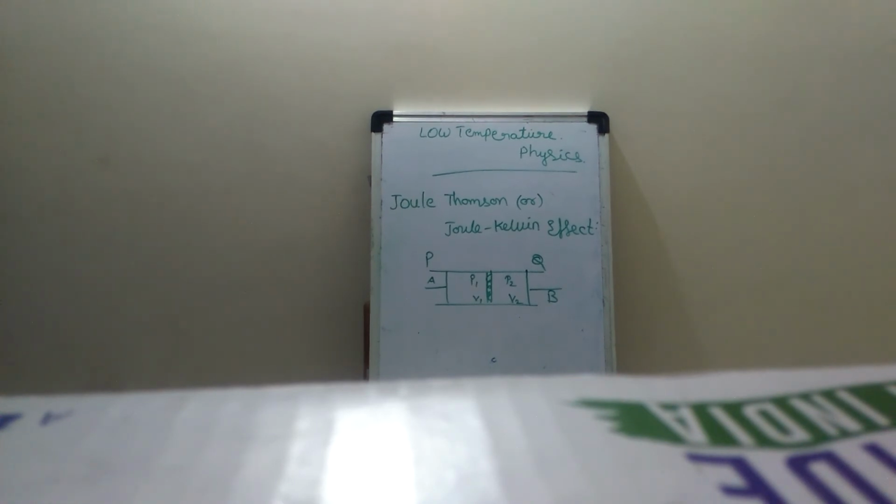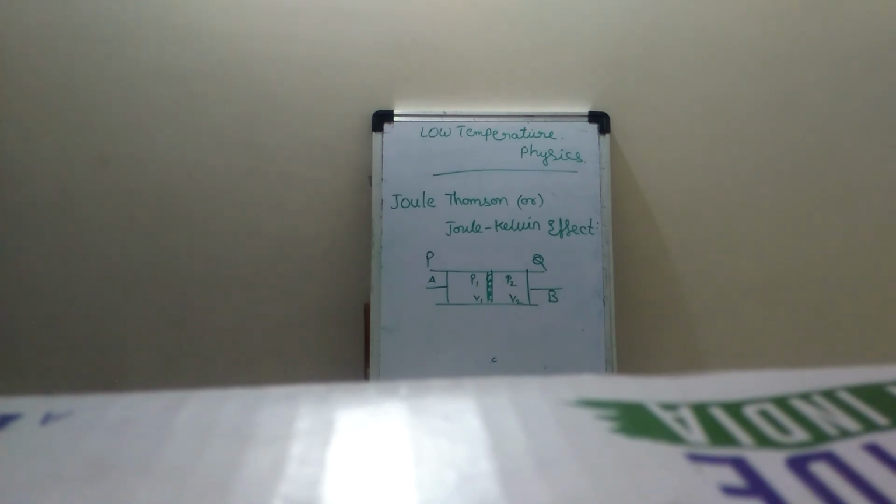Therefore, the work done on the gas by piston A is P1 V1, and the work done by the gas on piston B is P2 V2.